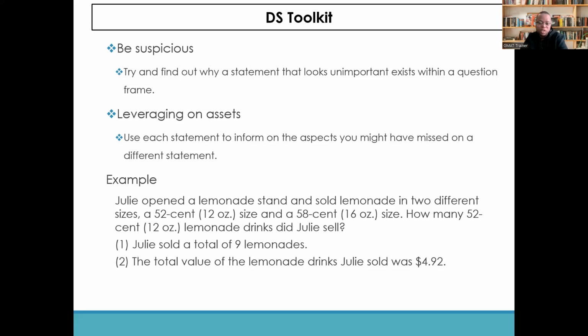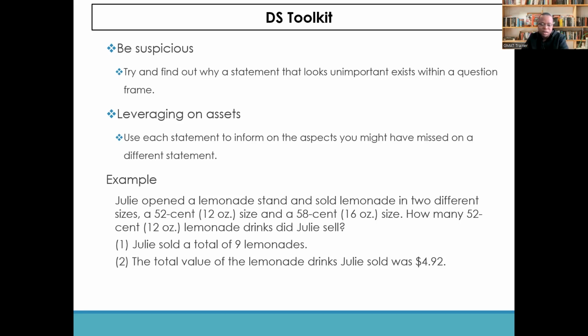So here's an example which I'll also give you guys to try. Try it out. I give you guys 2 minutes to tell us which is the correct answer. Julie opened a lemonade stand and sold lemonade in 2 different sizes. 2 cents for a 12 ounce glass or cup, and 58 cents for a 16 ounce cup.